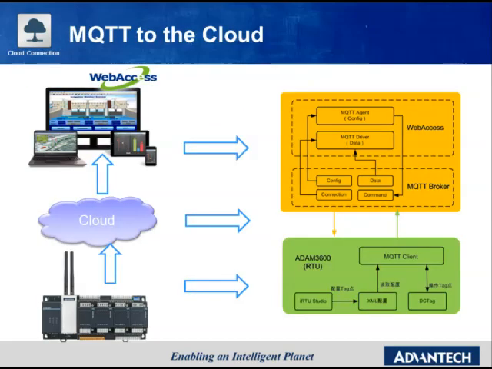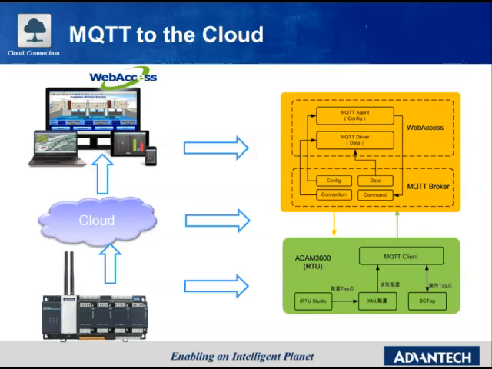MQTT is one of the popular protocols widely used in IoT applications. With its publish-subscribe structure and compact packet format, users could efficiently reduce the required bandwidth for wireless communication. With its special QoS data transfer mechanism, it could save money on wireless communication.